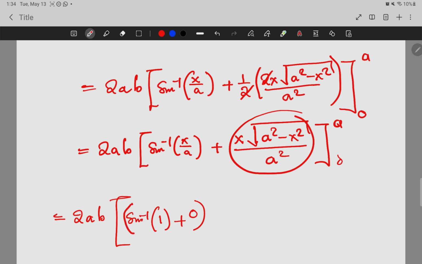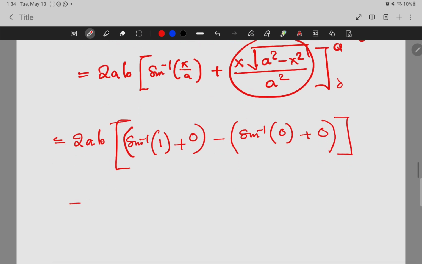So after putting the upper limit, we have this expression. Minus, now we're going for the lower limit. When we put the lower limit, which is 0, this becomes sine inverse of 0 over a, which is just 0. And when you put 0 where there's x, because this is multiplying, the whole lot here becomes 0. Then we have this now.